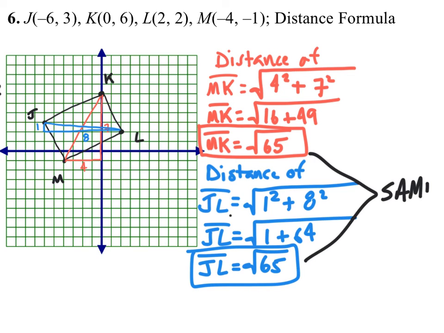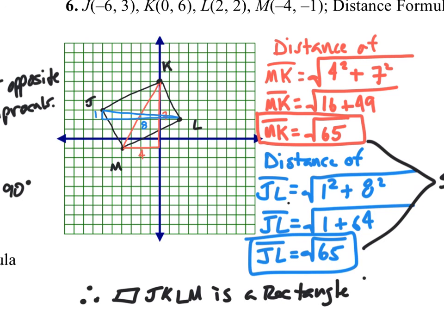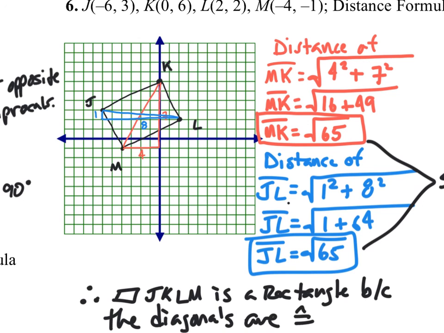And so the conclusion that we can draw is that quadrilateral JKLM is a rectangle because the diagonals are congruent. Okay? So that's what we want to check.